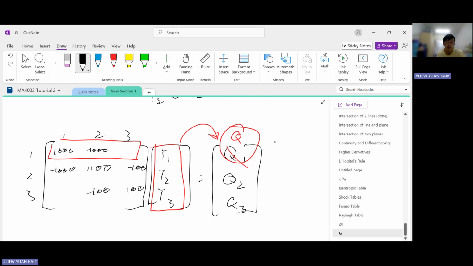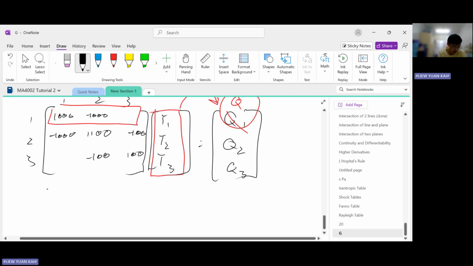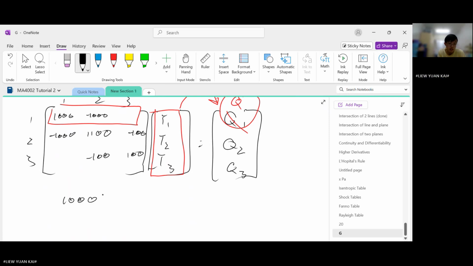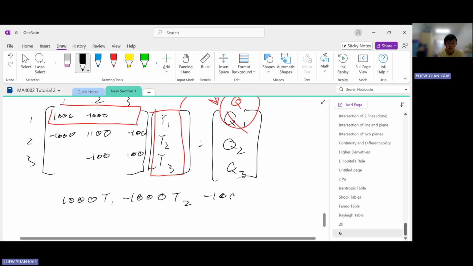So that's how this first entry is found, by taking that row dot that column: 1000 T1 minus 1000 T2 minus 100 T3 is equal to Q.